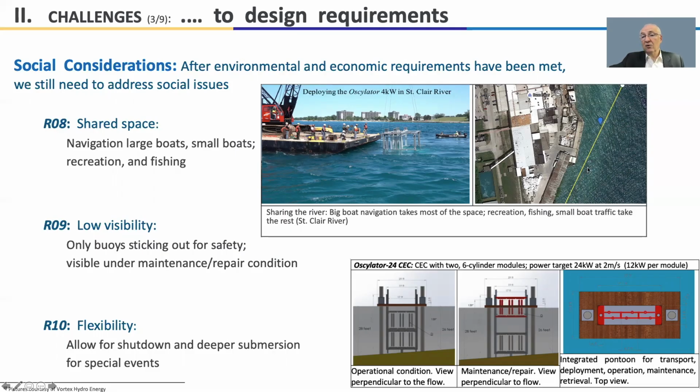This yellow line is the navigation line, which means that most of the river is taken by the big boats that operate in the Great Lakes. And we have to be flexible and have low visibility, basically being able to submerge the hydrokinetic turbine so that we do not have objection from the people in the community.